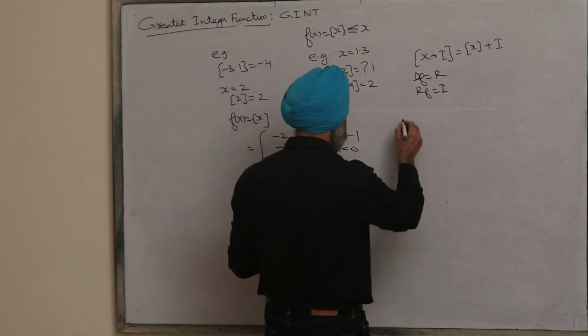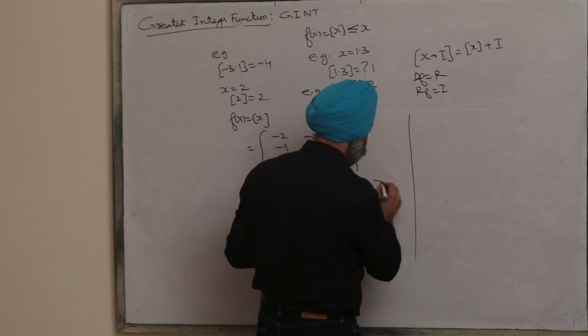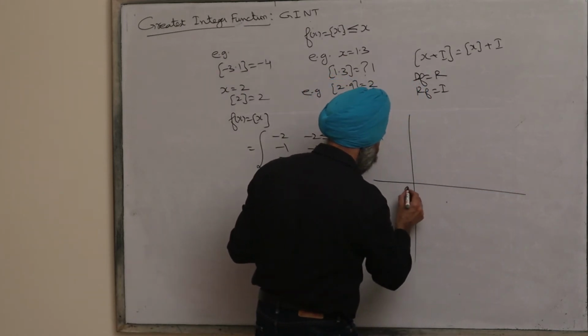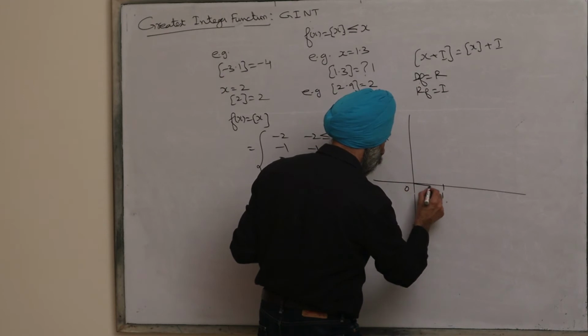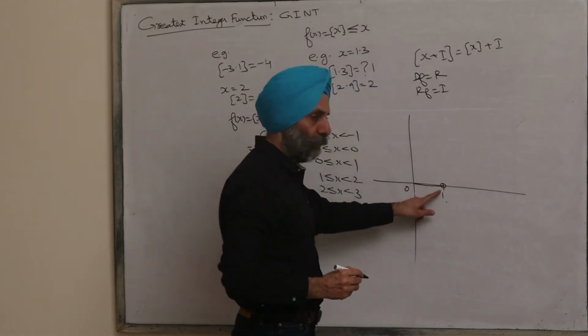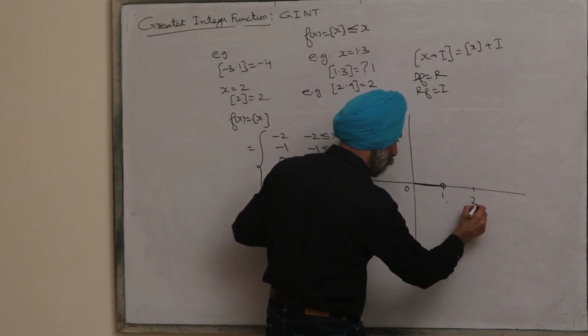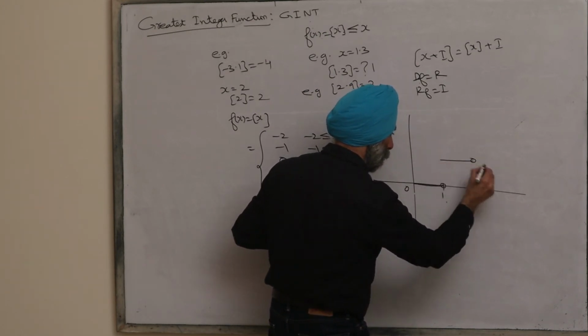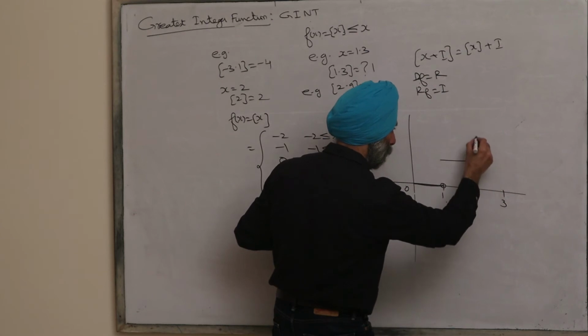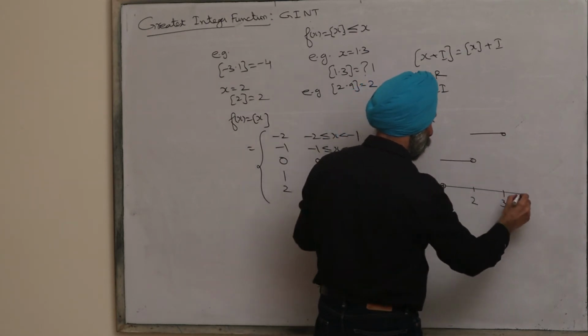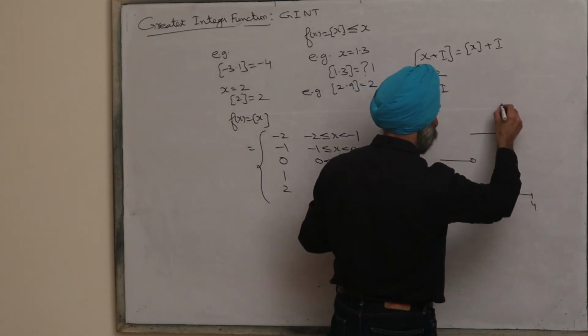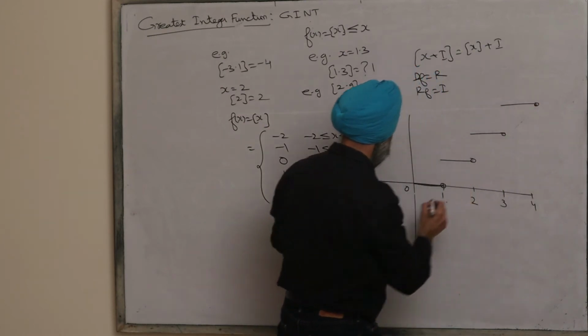So if we plot the graph of this, for 0 to 1, this value is not included. So this is the line graph here. 1 to 2, this value is not included. 2 to 3, this value is not included. 3 to 4, this value is not included.